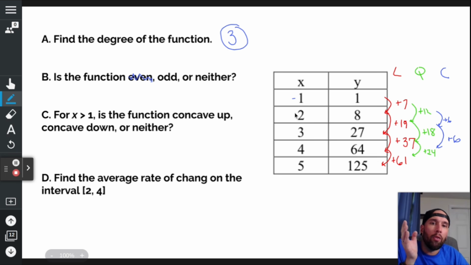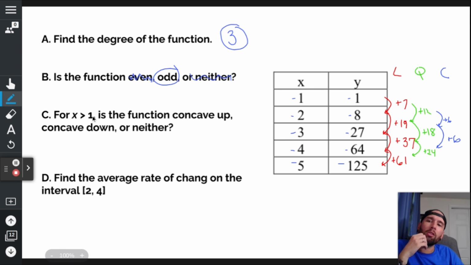So if I take -1 and multiply it by itself, do I get -1? Yeah. If I take -2, do I get -8? Yeah. If I take -3 and multiply it by itself 3 times, do I get -27? Yeah. So is it even? No. Odd? Yep. Neither? No.